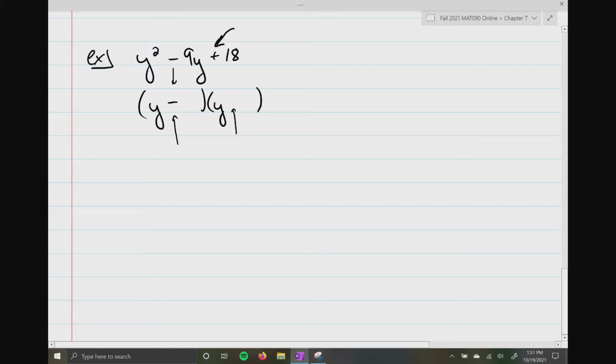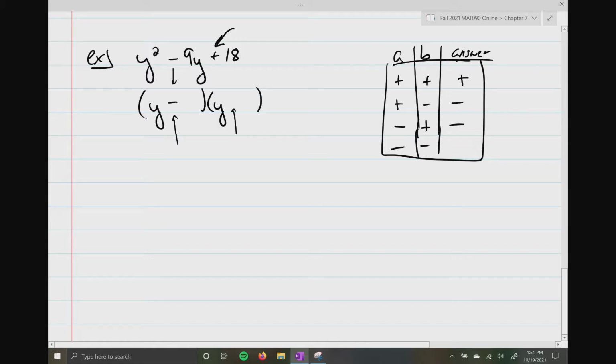So if you think about a long time ago, and I'm going to write out this chart here to the right-hand side because I think sometimes we just forget about these little things. So if you write out your chart, a positive times a positive is a positive, a positive times a negative is a negative, a negative times a positive is another negative, and then the last row, a negative times a negative is a positive.